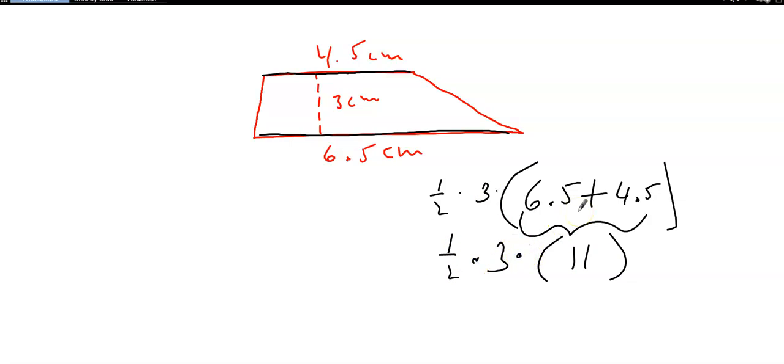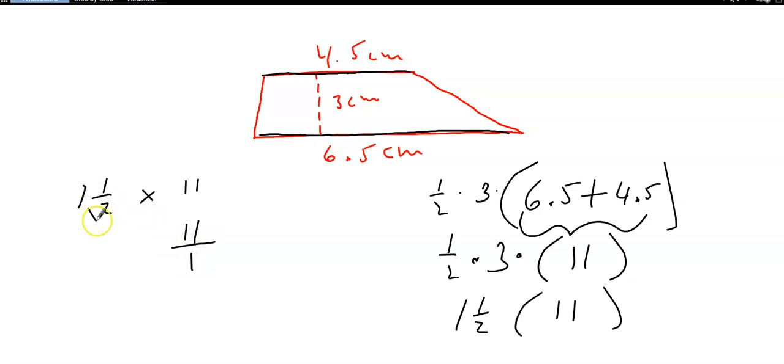Now, we can do a half of 3, which is 1.5, and then we have to multiply that by 11. So let's do it on the side over here. 1.5 times 11. 11 changes into 11 over 1. 1.5 changes into 2 times 1 is 2 plus 1 is 3, and we keep the same denominator over 2.